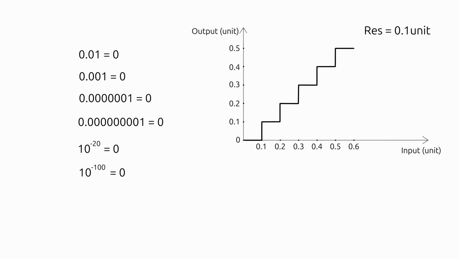In what world can we say 0.0000001 is equal to 0.01 when 0.01 is clearly 10 to the power 5 times bigger than the number on the left, or 10 to the power negative 100 equal to 0.01.